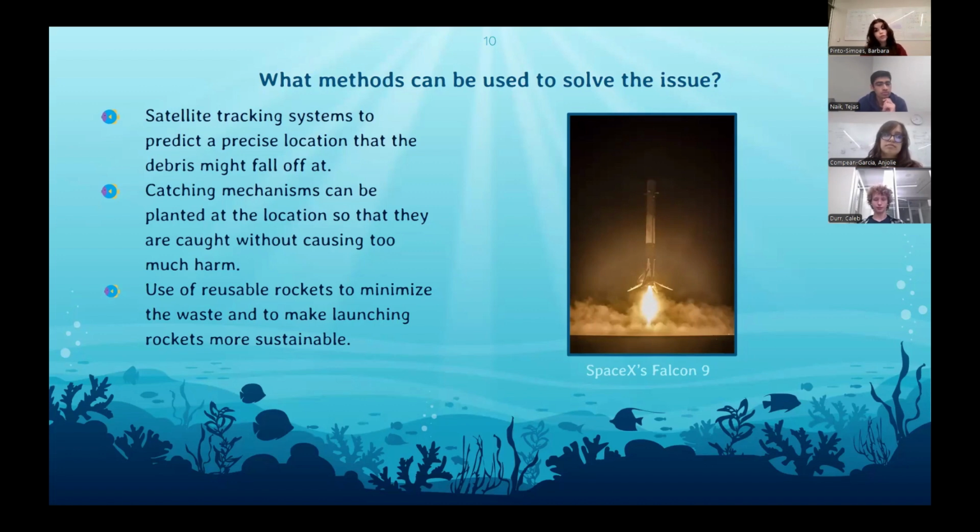So, what methods can be used to solve this issue? Again, since this is a recent issue that has started to come up more and more with the years and the developments of space technology, there's only a couple of methods so far. And the first one is satellite tracking systems.